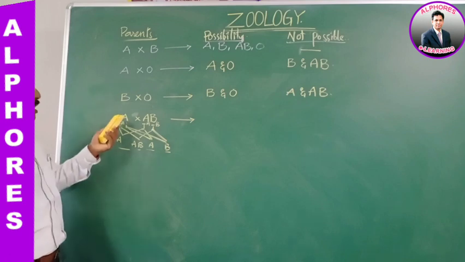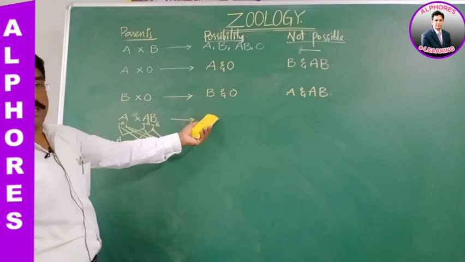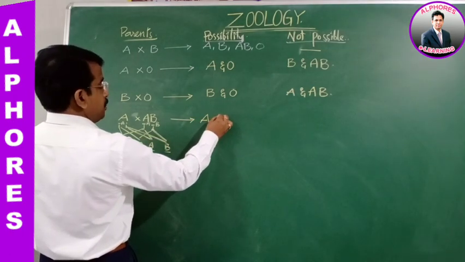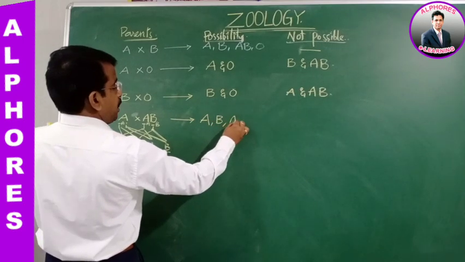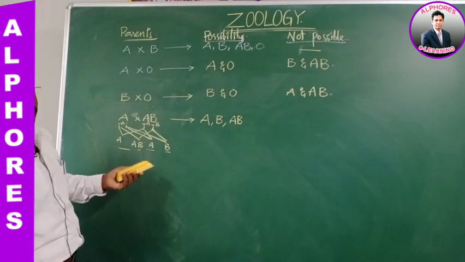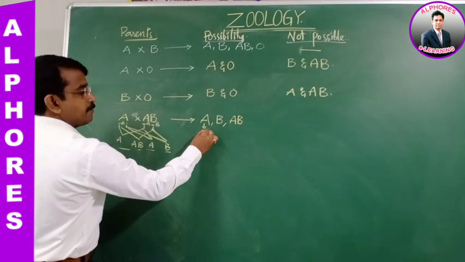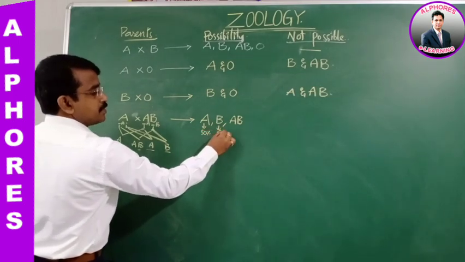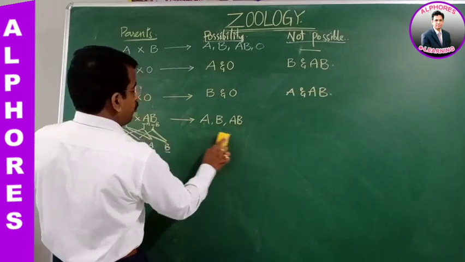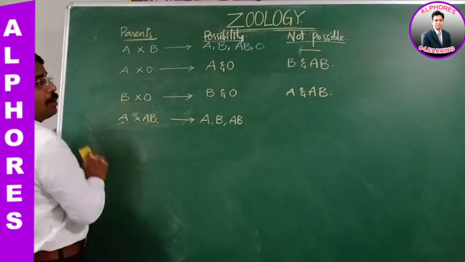If the parents are A and AB, what are the possible blood groups we see here? That is A, B, A and AB. So these are what is possible. No need to repeat the same. A is 50%, B is 25% and AB is 25%, which means all possible combinations are A, B and AB.